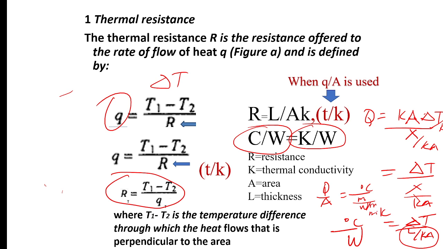If you rearrange this, it's going to be degree centigrade per watts, because the meter and the meter will be cancelled, and what's left is watts, not degree centigrade per watts only.